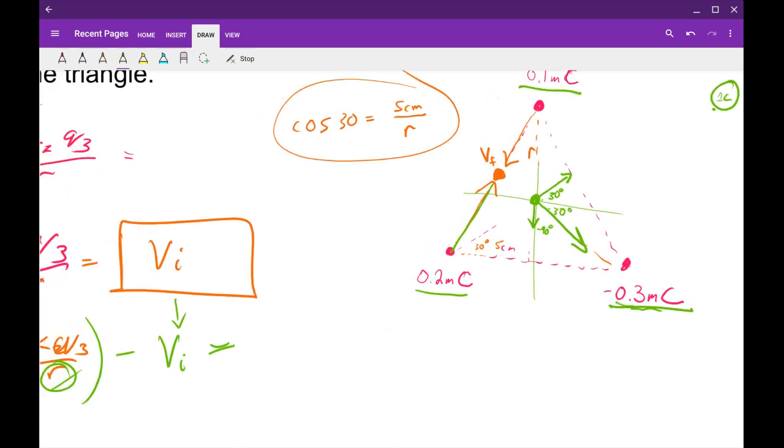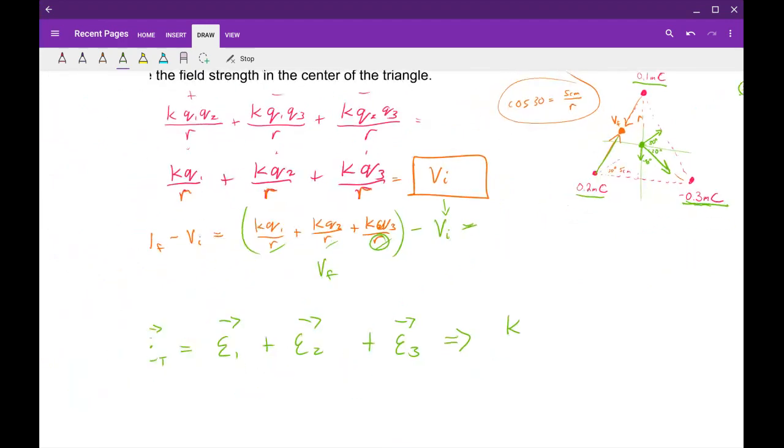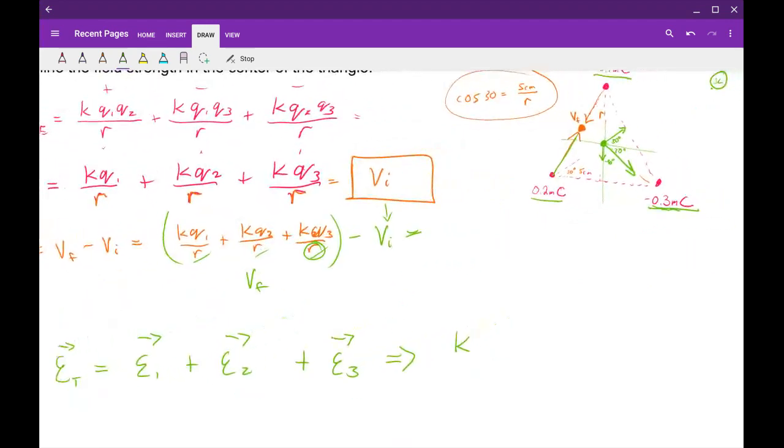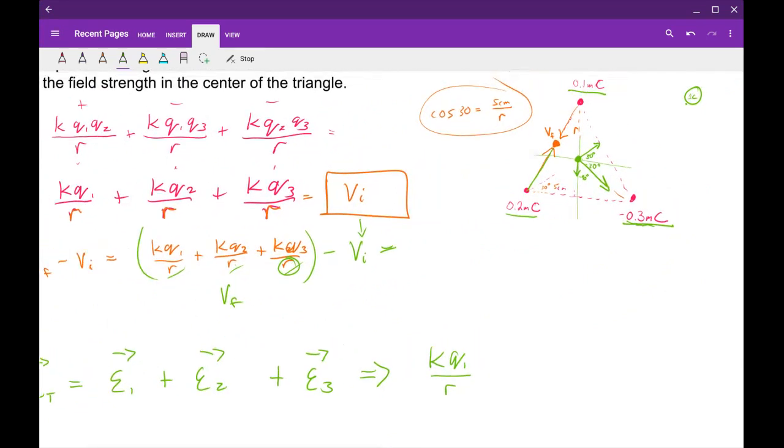My total field strength is K Q1 over R, and the R is that orange R, 5 over cosine 30, which is square root of 3 over 2, so you can figure that out.